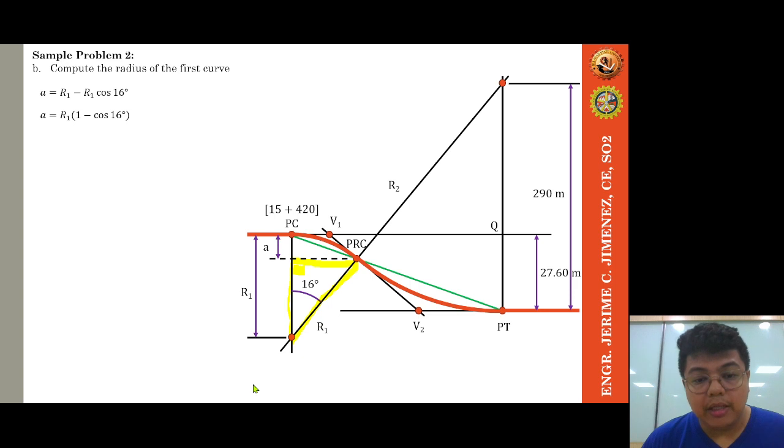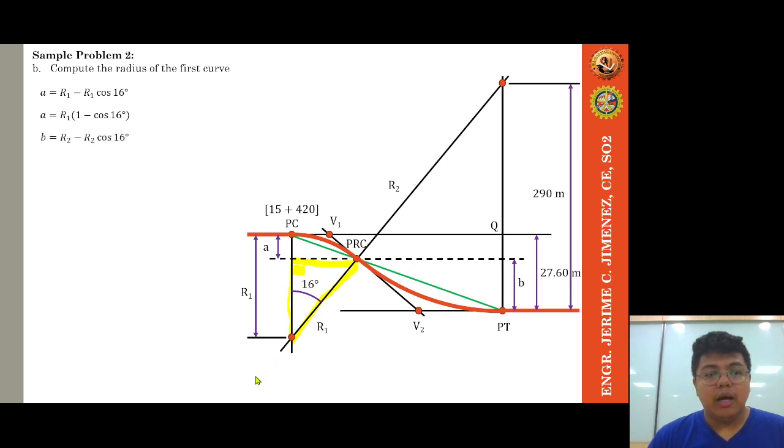Magdodrawing naman ako ng parallel line parallel to the forward tangent, and we have the distance from this forward tangent to this parallel line as distance B. Okay, so we can compute now for B as R sub 2 minus R sub 2 cosine of 16 degrees.